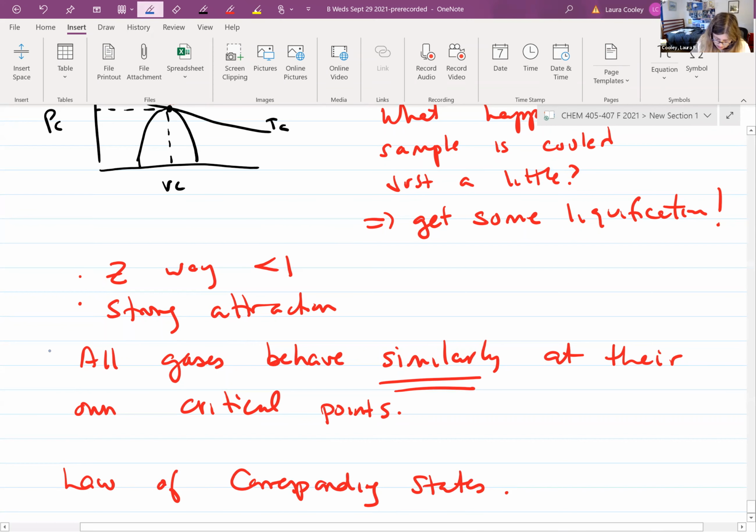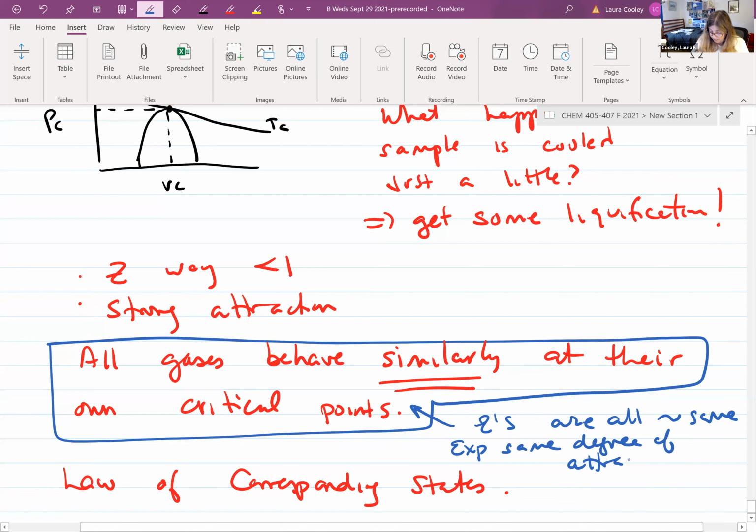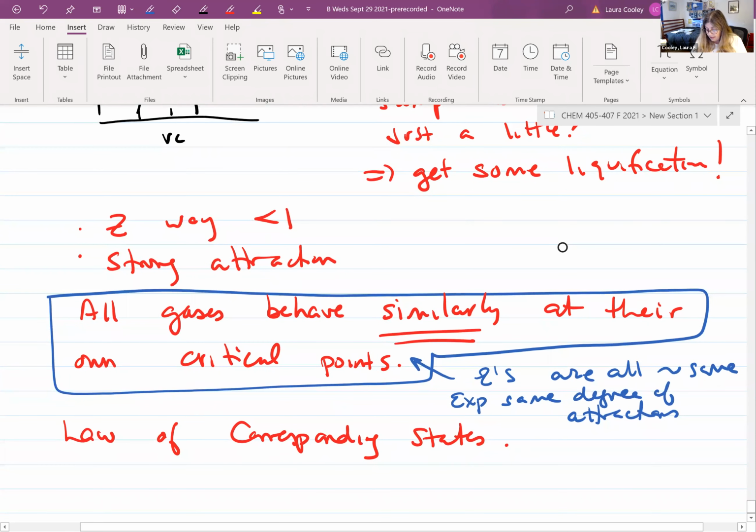But you should know that all gases behave similarly at their own critical points, because their Z's are all about the same. They are experiencing the same degree of attractions, and they would all form some liquid if T was dropped just a tiny bit.